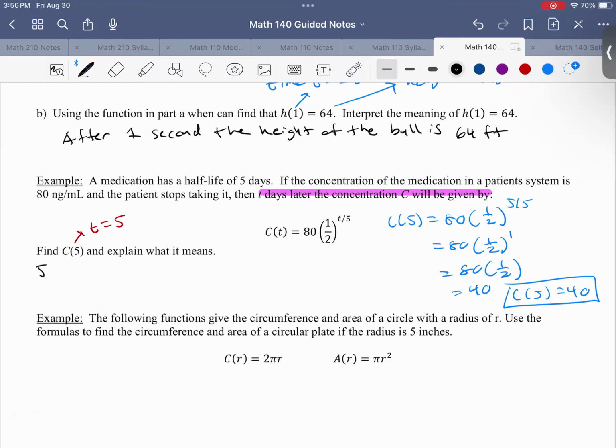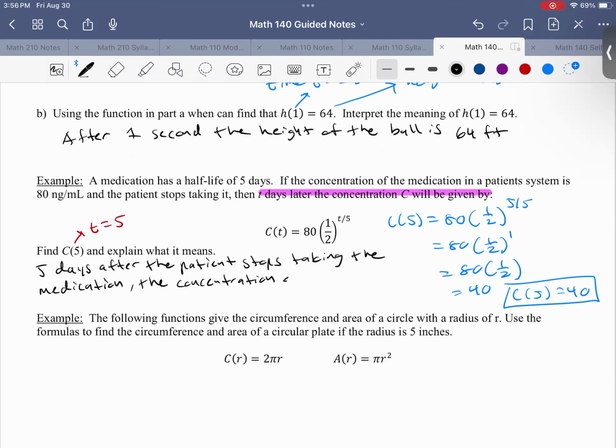So what this means is 5 days after the patient stops taking the medication, the concentration of the medication in the patient's system will be 40 ng per milliliter.